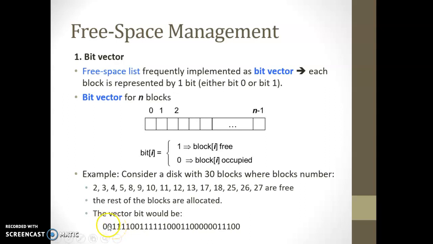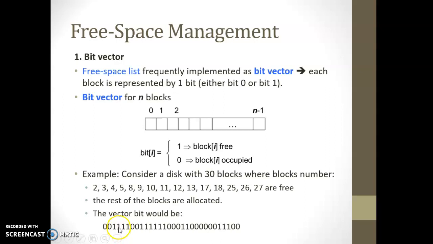Now let us imagine each of these bit number represent the block. Okay, again for example, block number 2 here is free. So that is why you can see number 1 here, because this is block number 2. This is from block 0, this is block 1, and this is block 2. Okay, this is block 3.